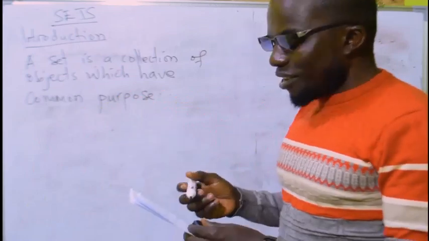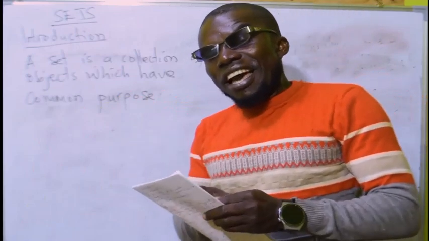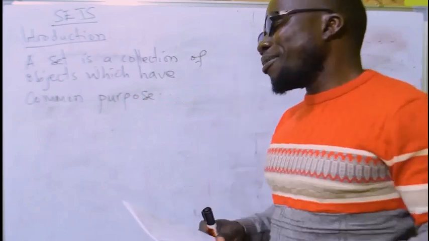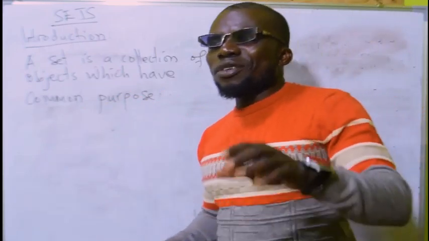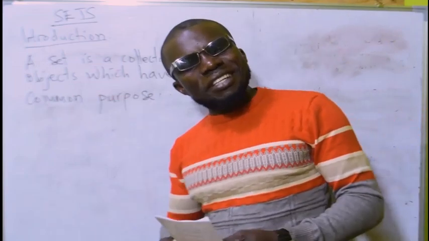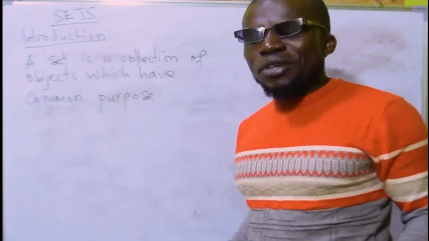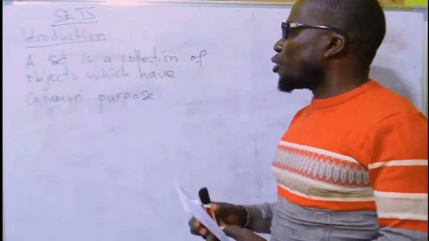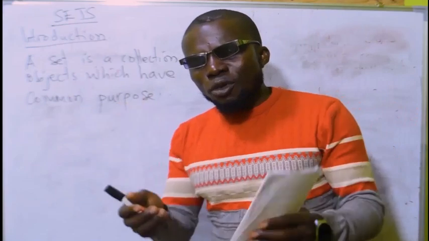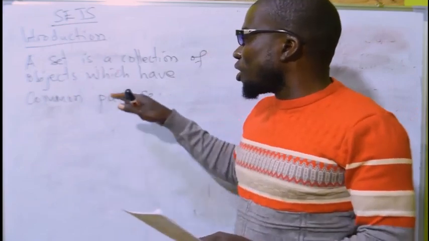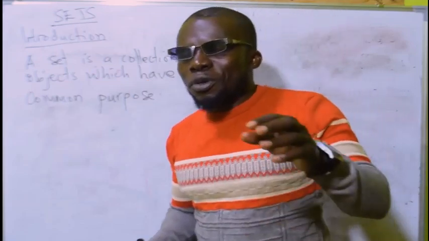The reference of this definition is from the Thai book of advanced mathematics. So don't worry about the concept, because we are learning from materials you are going to be familiar with. A set is a collection of objects. When there are some objects with similar characteristics or which have the same purpose, we call it a set.